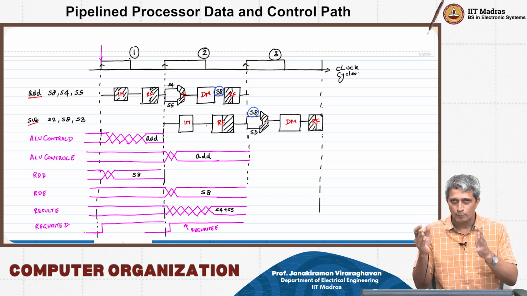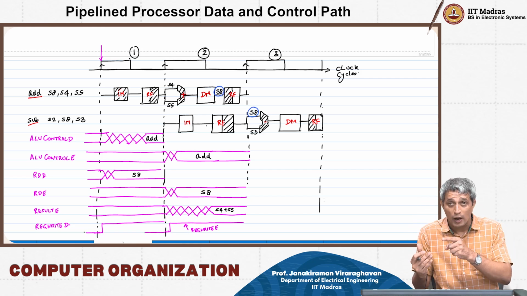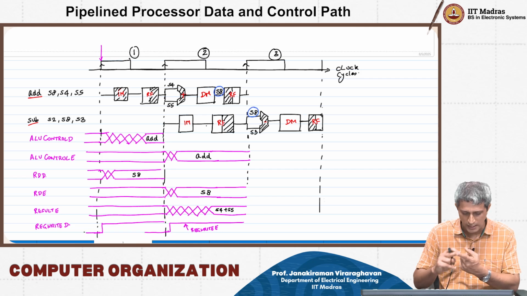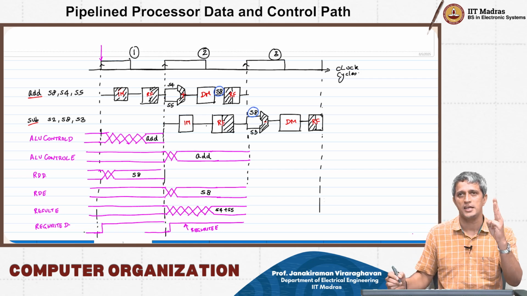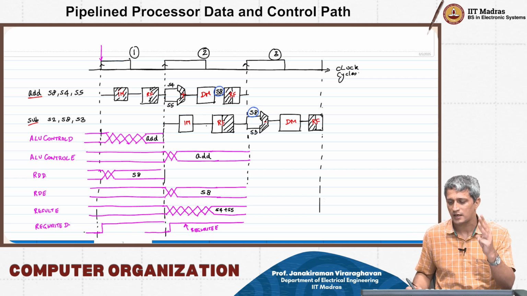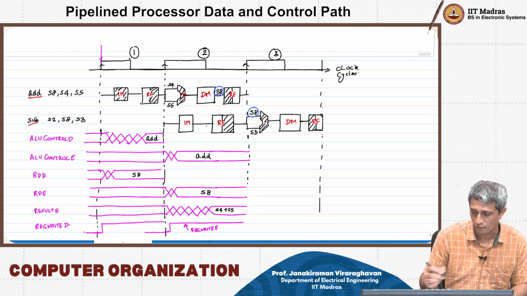So add has been performed, and S4 plus S5 is now available. If you look at result E, reg write D, and RDE, these are the three signals that are actually going to the register file.